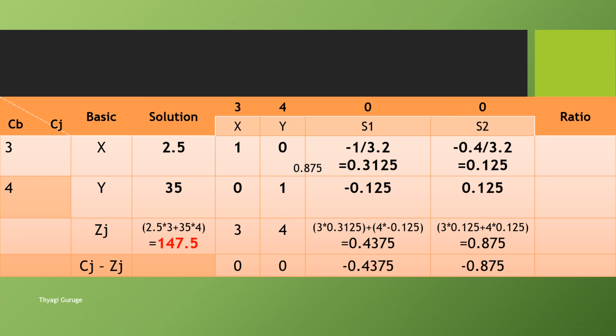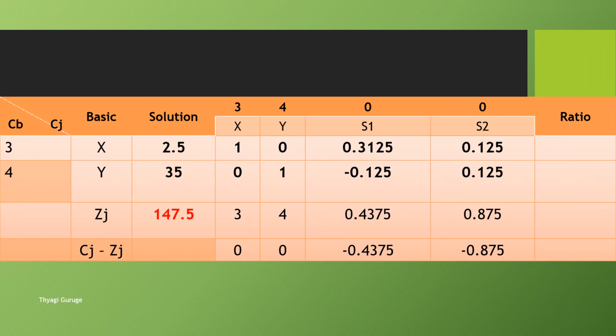We are going to deduct the Zj value from the Cj value. Accordingly, we can see there is 0 for X, 0 for Y, minus 0.4375 for slack 1 and minus 0.0875 for slack 2.